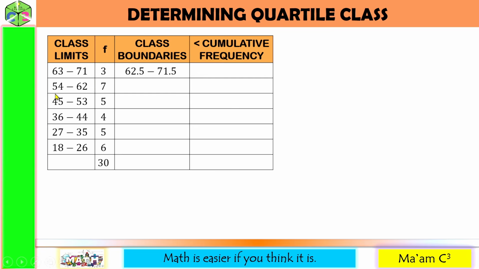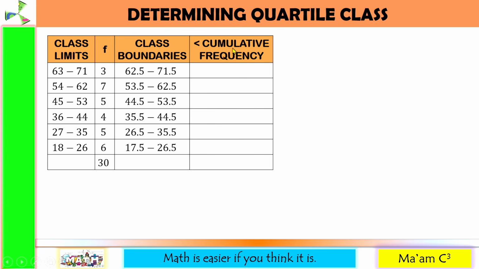This will become 53.5 to 62.5. This one is 44.5 to 53.5. This is 35.5 to 44.5. This one is 26.5 to 35.5. And this one is 17.5 to 26.5.